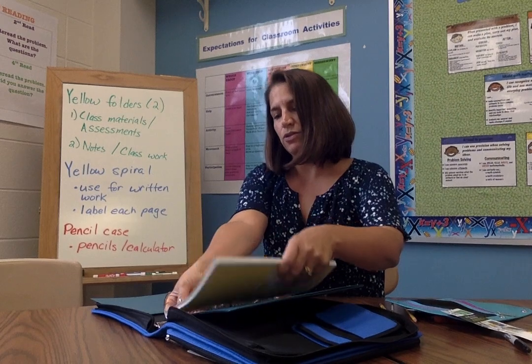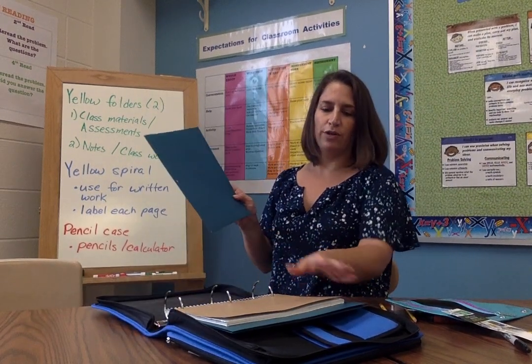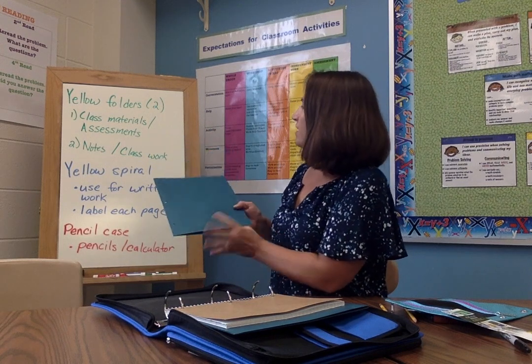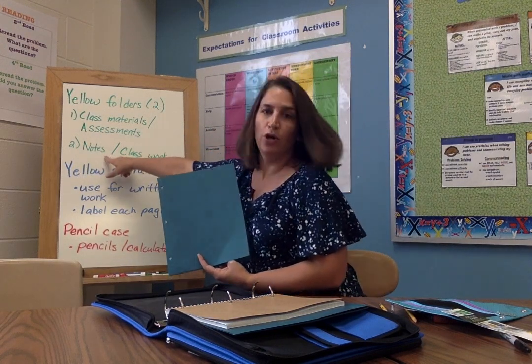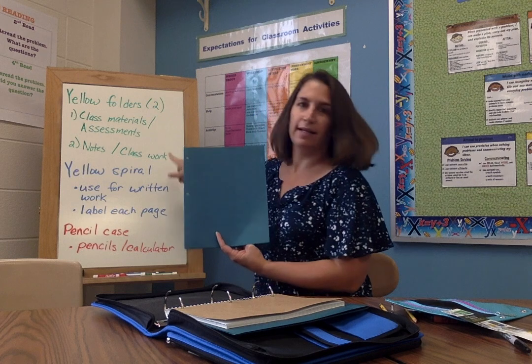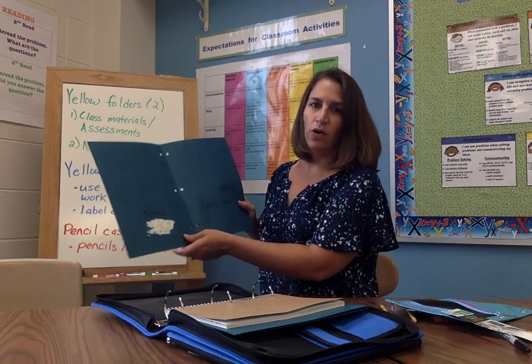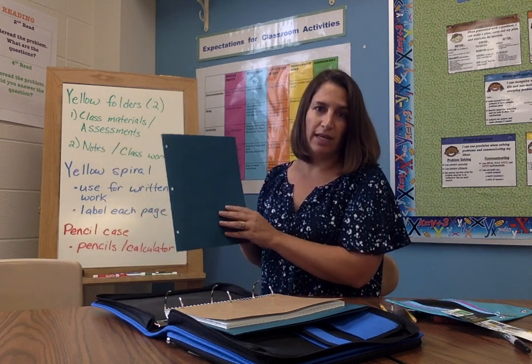And then you're going to do your second folder. So you're going to sort of sandwich that spiral notebook in between your two folders. The other folder is going to be labeled notes on one side and classwork on the other side. So anytime you take notes for me in class, actually whether it's in class or outside of class from a video, I'm going to give you some sort of a guided note sheet.